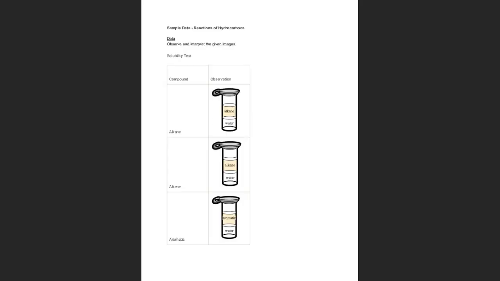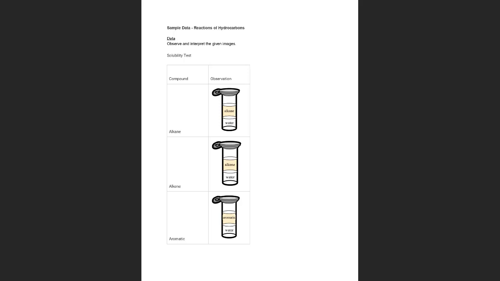Let's look at the sample data. When you look at the report that you have to complete, the first part of the report is going to ask you if your compounds, alkane, alkene, and the aromatics, are soluble in water.